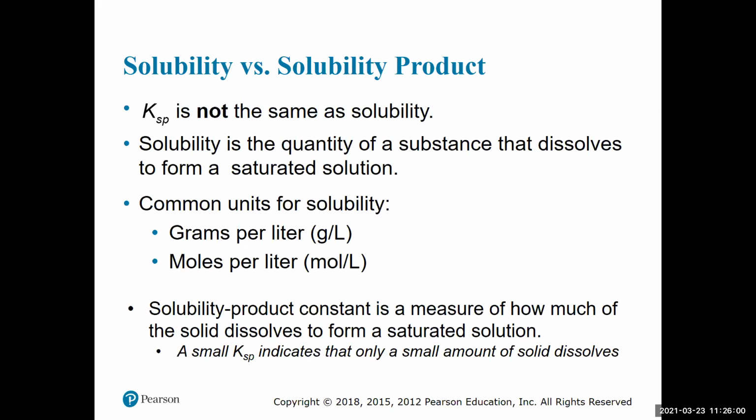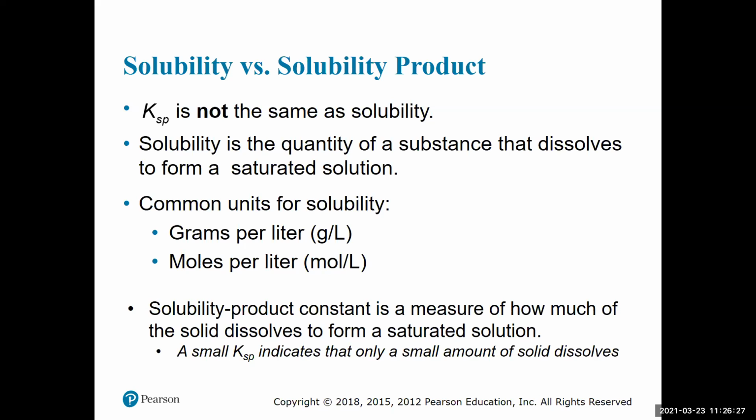It's not telling you the concentration, it's kind of what percentage would dissolve. And so if you have a real small KSP value, that's telling you that only a little bit of that solid would dissolve. Now, if you wanted to know what the saturation level was, you'd have to figure out the solubility, where you have a weight per volume or moles per volume value.